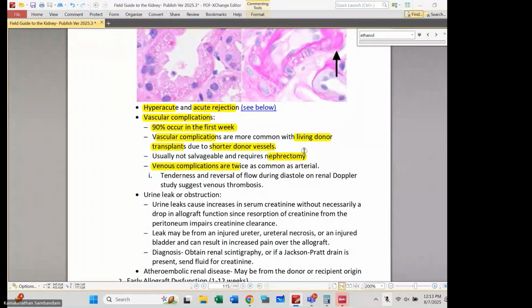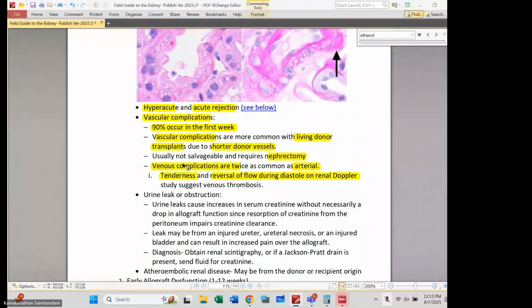Venous complications are more common than arterial complications. You might see reversal of flow on a Doppler study during diastole as a sign of a venous thrombosis. So you can see that on Doppler.